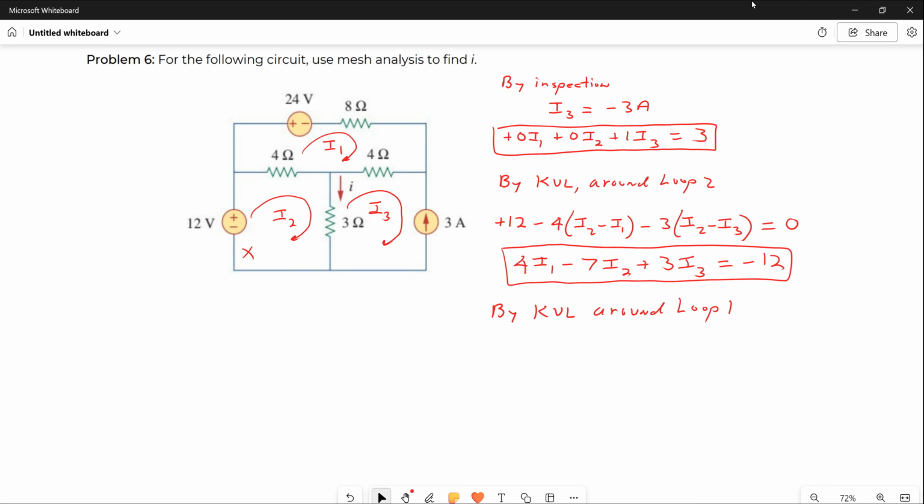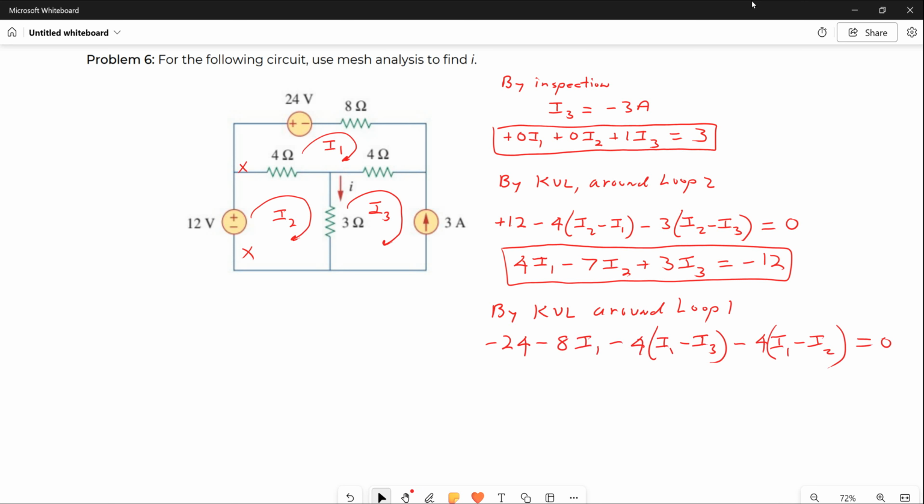I'm just going to go around loop 1, starting at the bottom left corner. See if you get the same thing I get here. I get a negative 24 minus 8 I1 minus 4 (I1 minus I3) minus 4 (I1 minus I2) equals 0.